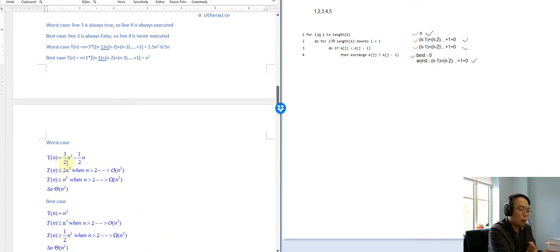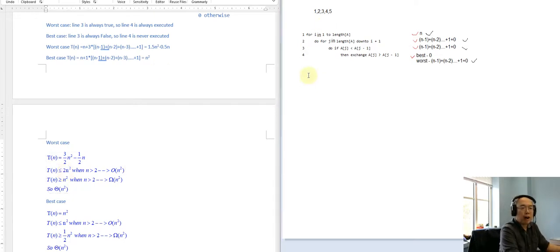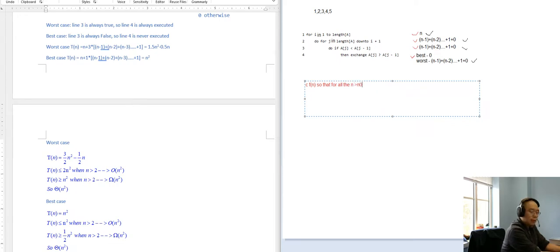So for the worst case, this is the T(n) I have, and then I can say, for this T(n), it will always be smaller or equal to 2n squared. And remember, how do we define the upper bound? Upper bound means we want to find a c·f(n) so that for all the n greater than n0, this c·f(n) is always greater or equal to T(n), right?